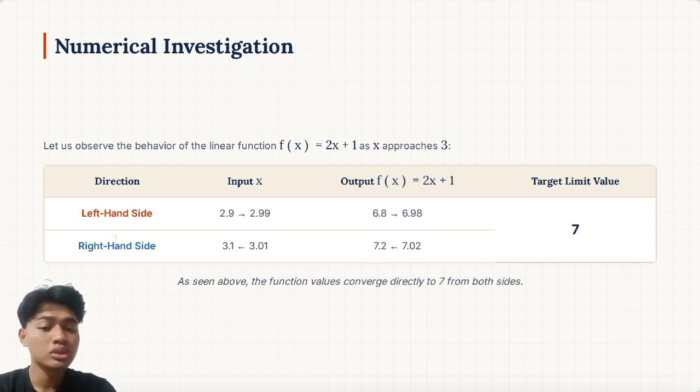When x is 3.01, the function is 7.02. When x is 3.1, the function is 7.2. As we can see, the function values become closer and closer to 7. Therefore, the limit of f of x as x approaches 3 is 7.